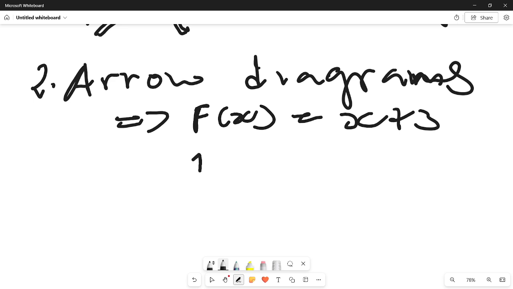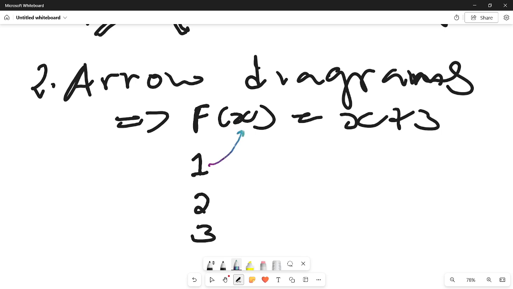So we have input 1, input 2, input 3. So we have 3 inputs that are being substituted into our function. In this case, we take 1 and put it where there's x.